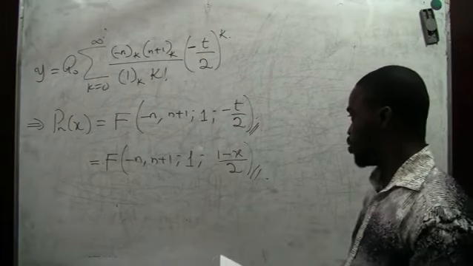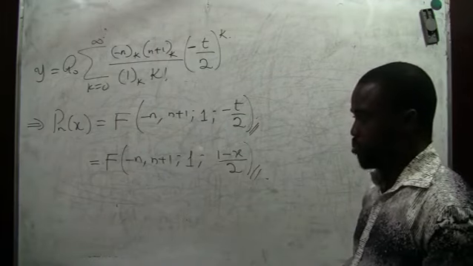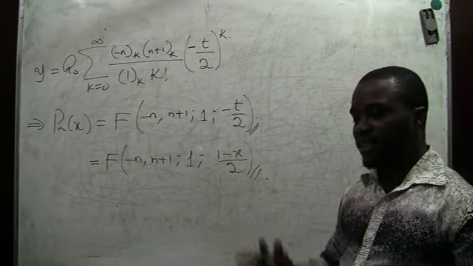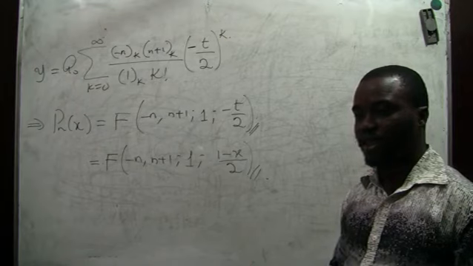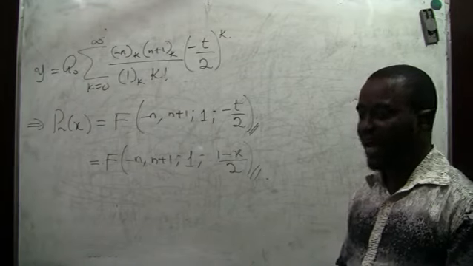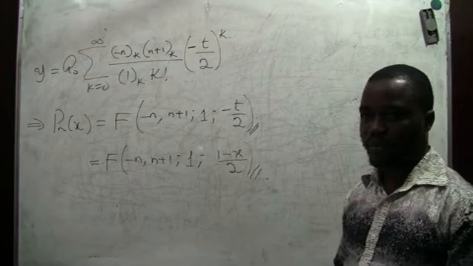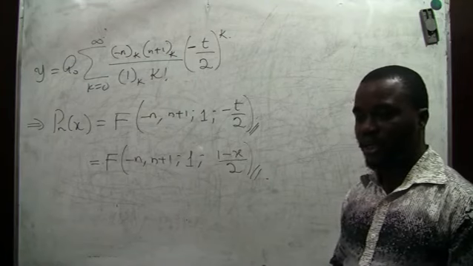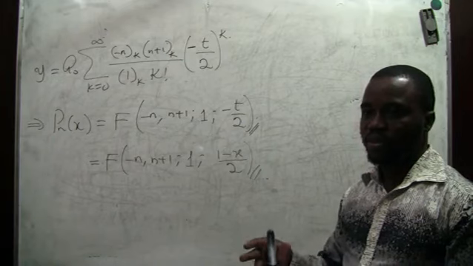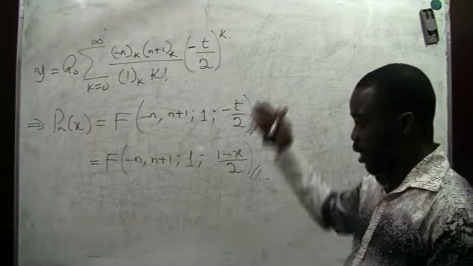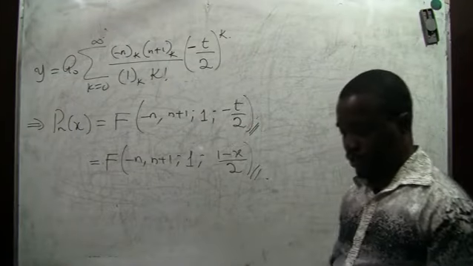We've seen the relationship between the two of them. The examiner can ask you to establish the relationship between the Legendre polynomial of the first kind and the hypergeometric function. In that case, the transformation equation will be given. Then you can now follow the process.